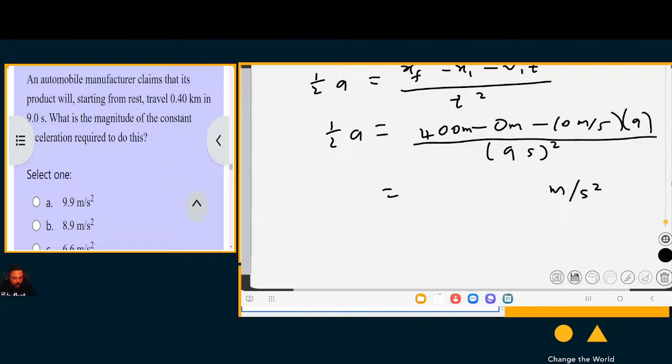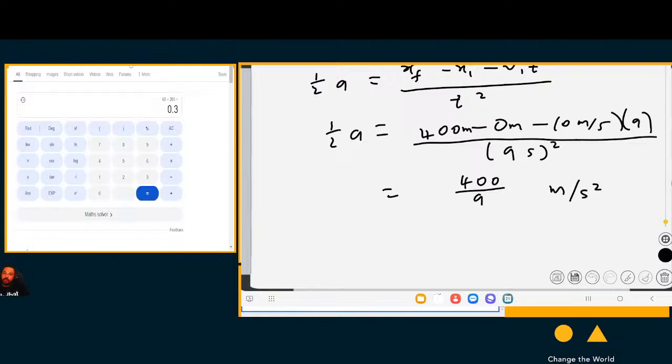So it is 400 divided by 9. Let's see. 44.4, so we have that it's 44.44 meters per second squared.